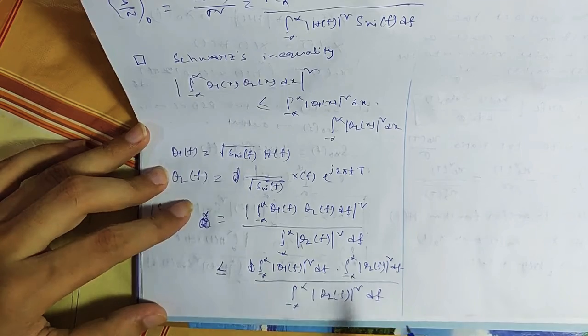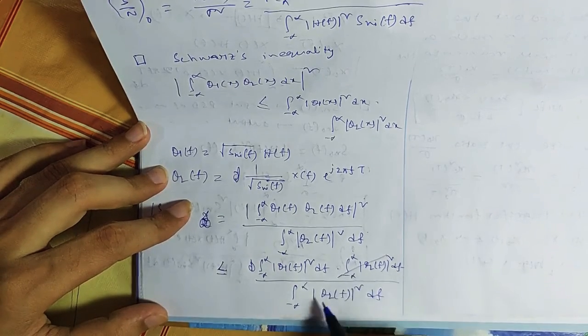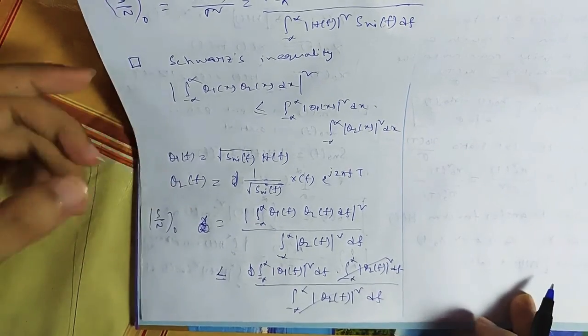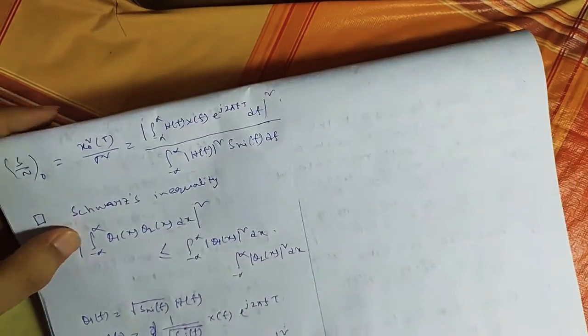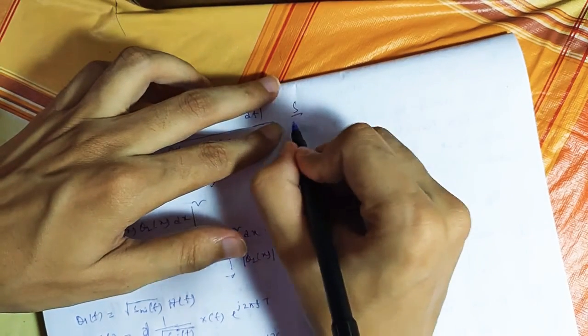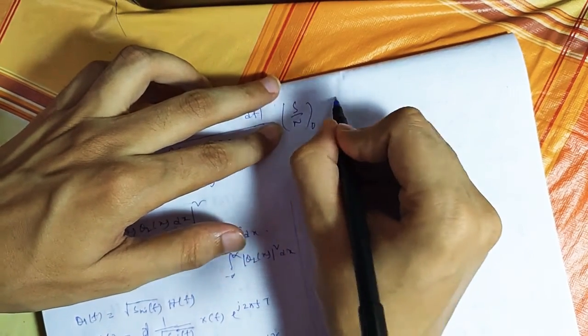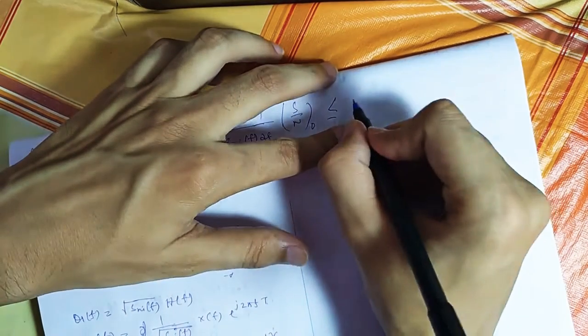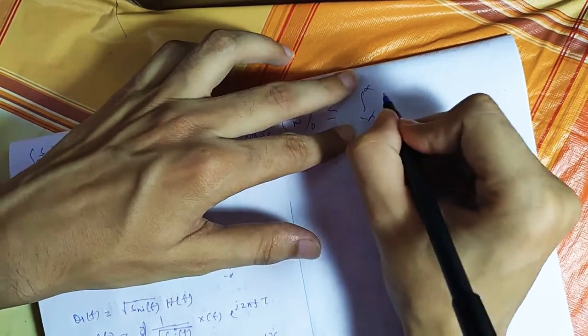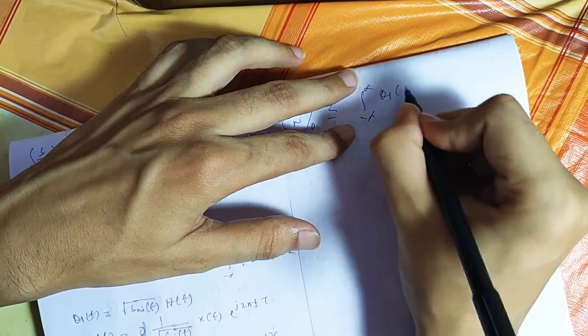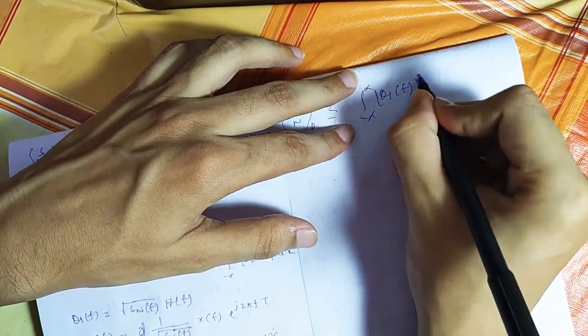As you can see, we can cancel out this one and this one. So the minimized expression S/N at output will be less than or equal to the integral from minus infinity to infinity of |theta 1(f)|² df.